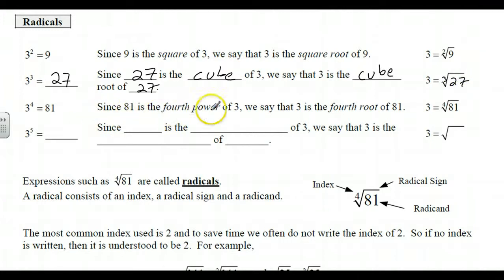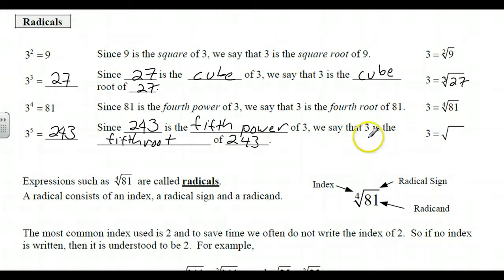3 to the 4th is 81. Since 81 is the 4th power of 3, we say that 3 is the 4th root of 81. Again, this indicates which root. 3 to the 5th is 243, we're just multiplying this by 3. Since 243 is the 5th power of 3, we say that 3 is the 5th root of 243.